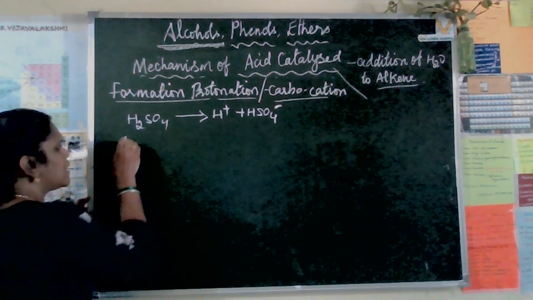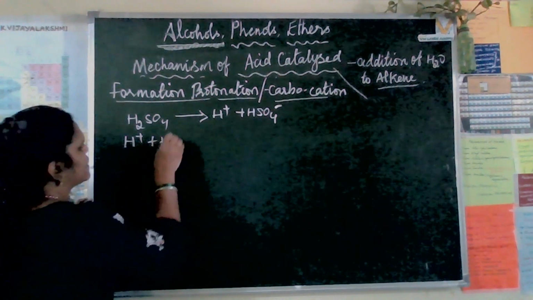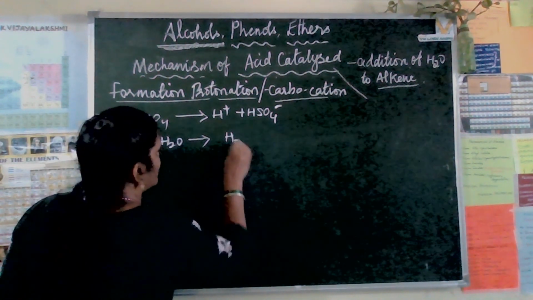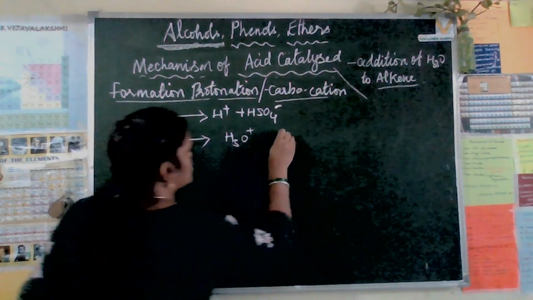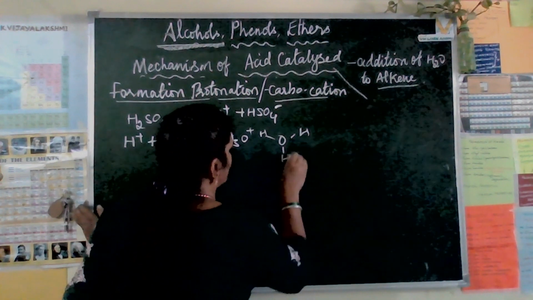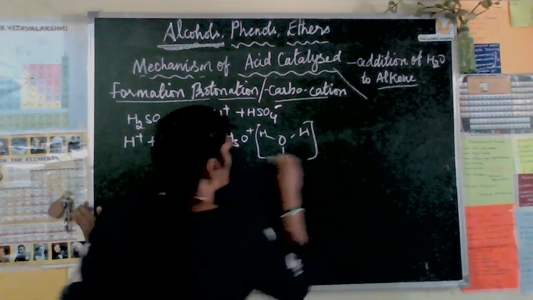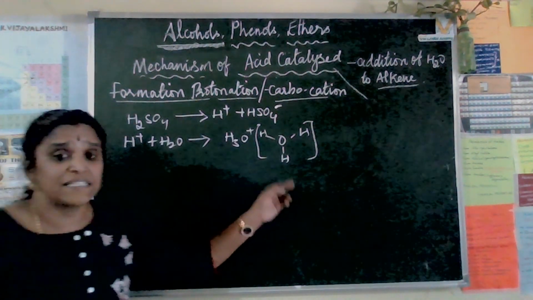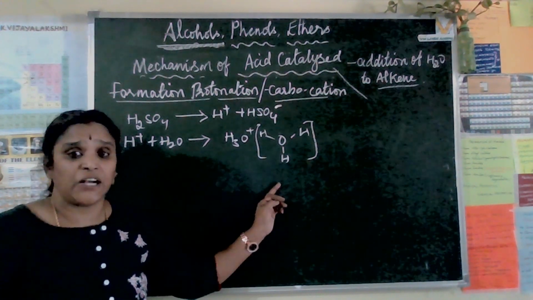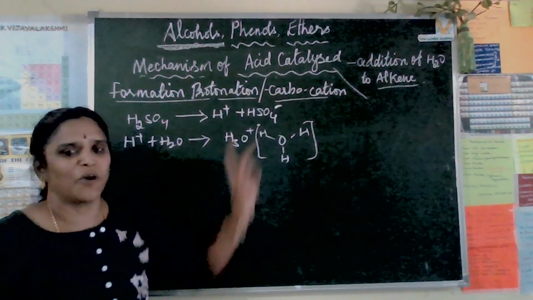This proton combined with water, H2O, you are getting hydronium ion, H3O plus. So how to write it? Hydrogen here, hydrogen. This is the structure of hydronium ion. So this acts as an electrophile which attacks the alkene to form the carbocation.